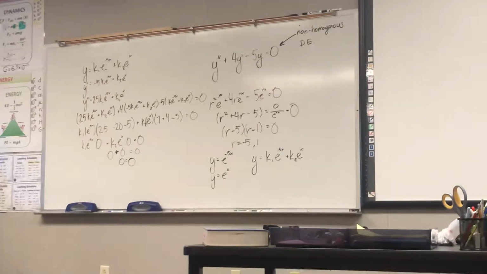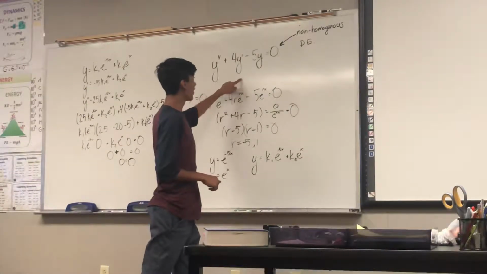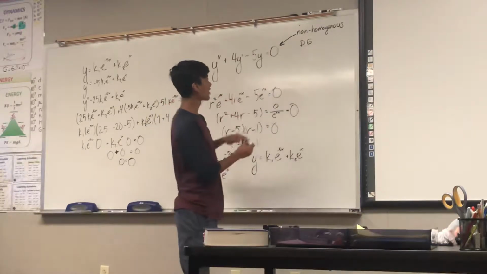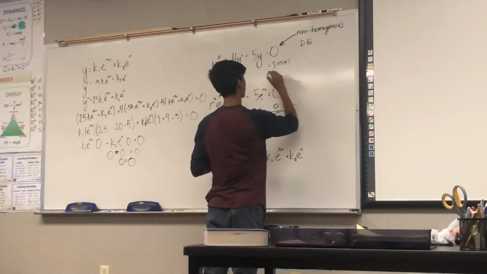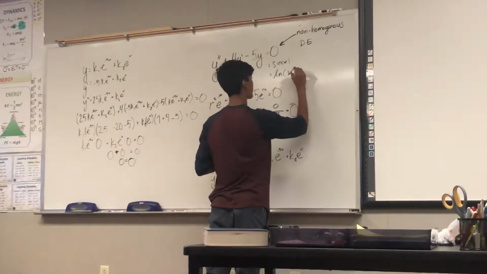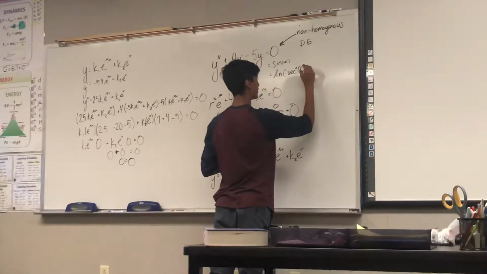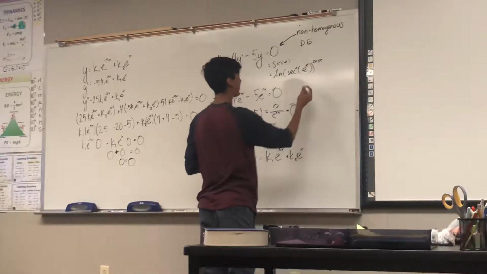Wait, so what makes a differential equation non-homogeneous? Non-homogeneous just means that the sum of the y's and the forms of y doesn't equal 0. If this was equals sine of x, or equals ln of inverse secant of, I don't know, e to the 5 to the x to the cosine power or something like that.